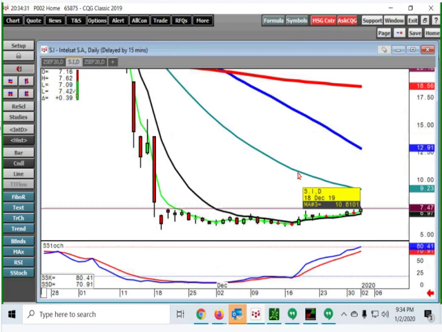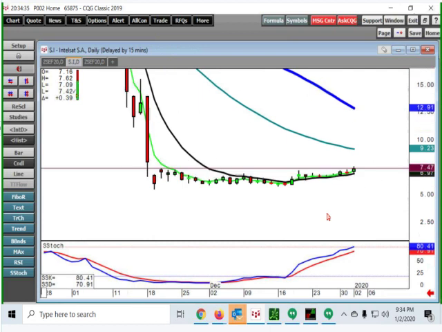Roger, my volume has already come into play because the scans that I've done are already stocks that trade at least 200,000 shares a day. Now, as far as volume for price move, doesn't mean anything.